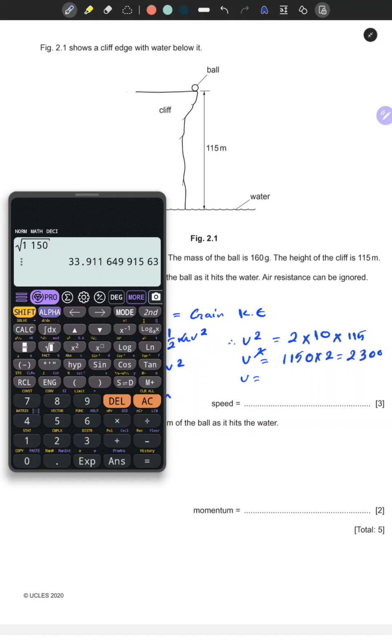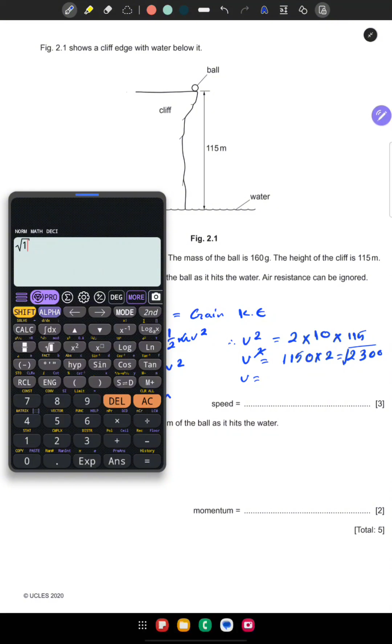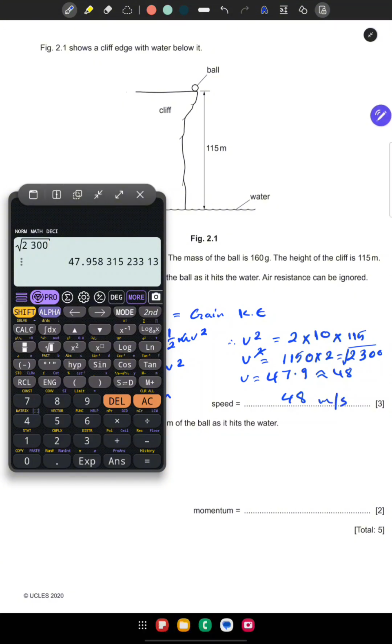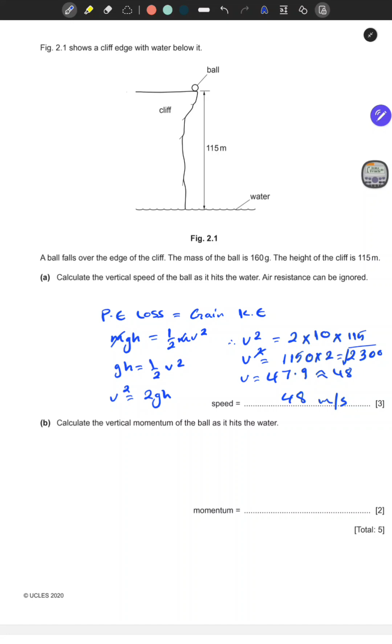And v squared is equal to this answer, so I will change my answer here in the calculator to the square root of 2300, which is equal to 47.9, which is equivalent to 48. That means the speed is 48 meters per second. Okay, it's 48 meters per second.